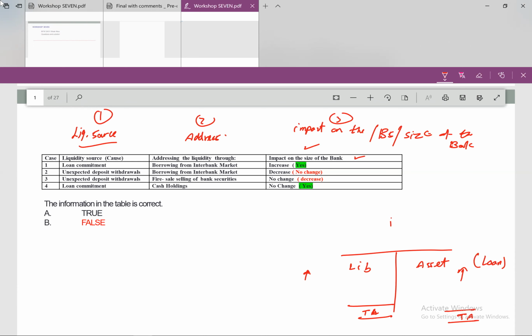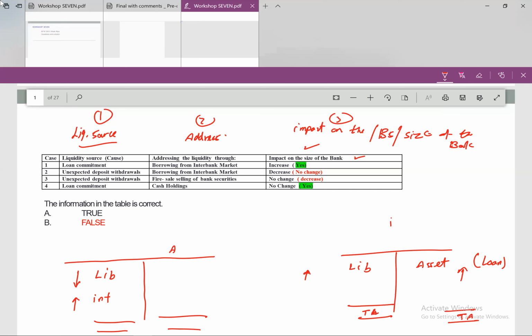Number 2, we have unexpected deposit withdrawals. So the problem is coming from the liability side. The liability side is going down because there is a withdrawal. If I address it by borrowing from the interbank, it will go with the same amount. So the total assets are not touched.